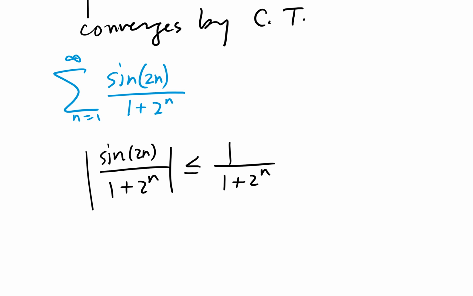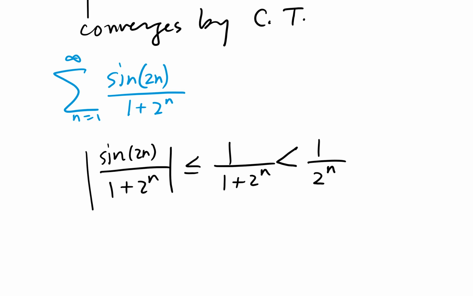Now the one on the right side might be a little difficult to decide if it converges or diverges, but it doesn't hurt to also compare it to 1 over 2 to the n, because the larger the denominator, the smaller the fraction.